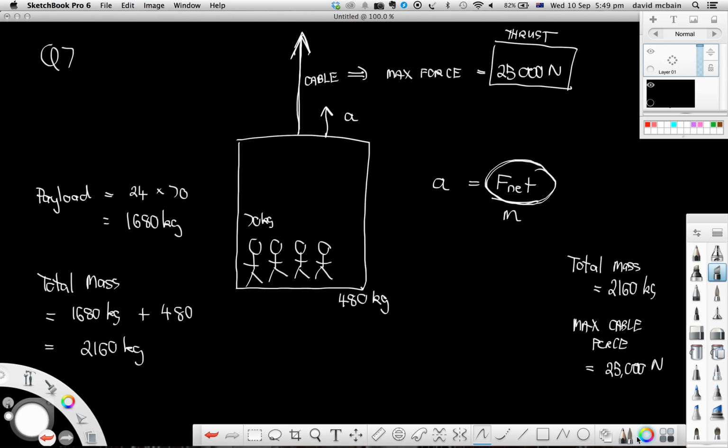Okay. And the lift itself was 480 kilograms.